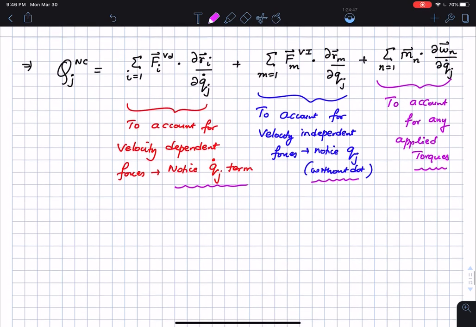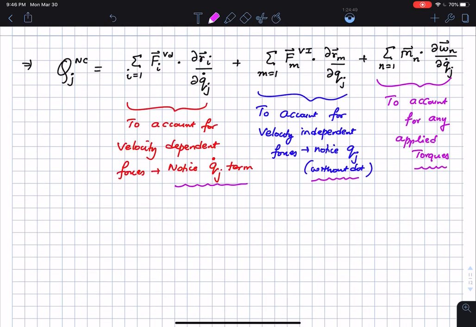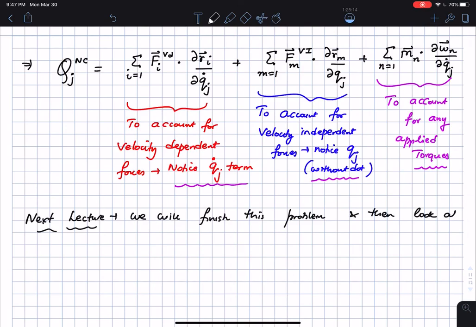All right, and so what we will do is we'll come back to this problem, finish this problem in the next class, and then move on to Lagrange multipliers. So in the next lecture, we will finish this problem, and then look at Lagrange multipliers.